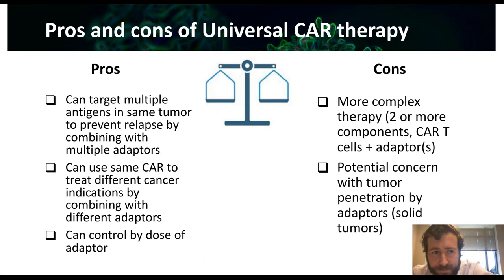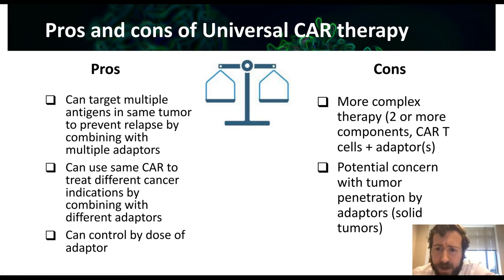And so if the cells lost CD19, you could also be targeting CD20 at the same time, for instance. You could also use the same CAR T-cells for both a hematological malignancy as well as a solid tumor, just by combining them with different adapters. And finally, we can also control activity by dosing in different amounts of the adapter.